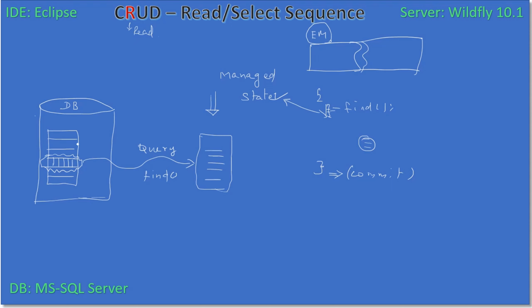But for now, for select, you can think of the entity as being in the managed state. So that's the sequence here. You can use query or find to represent a database record in entity format. An entity instance will be created here, and that entity instance will be in the managed state.